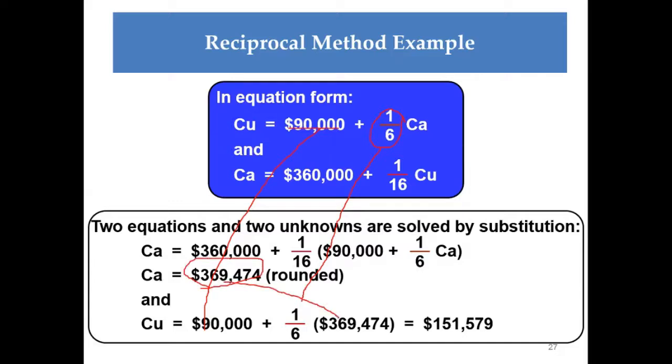We will have 151,579. This is the total cost of CU, and the total cost of CA is this figure.